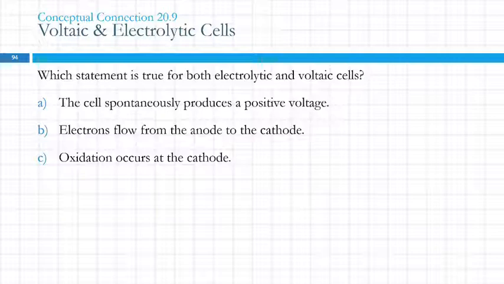Okay, so which statement is true for both electrolytic and voltaic cells? The cell spontaneously produces a positive voltage. Electrons flow from the anode to the cathode, or oxidation occurs at the cathode.